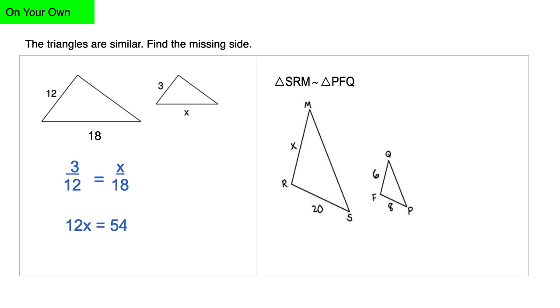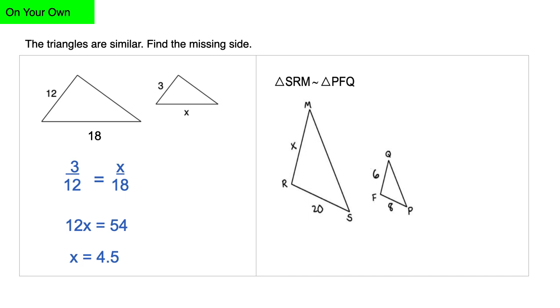I divided both sides by 12 and I got that x is equal to 4.5. I always take my answer and I look back at the picture and I think, does that answer make sense? 3 is the short side on the left, 4.5 is the base, and then in the other similar triangle, 12 and 18. Answer makes sense. How'd you do? Did you solve it the same way or differently? All right, so now we're going to look at the other problem. I'm curious how you solved it.